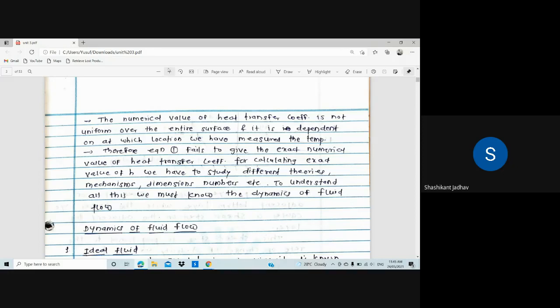To understand all this, we must know the dynamics of fluid flow.